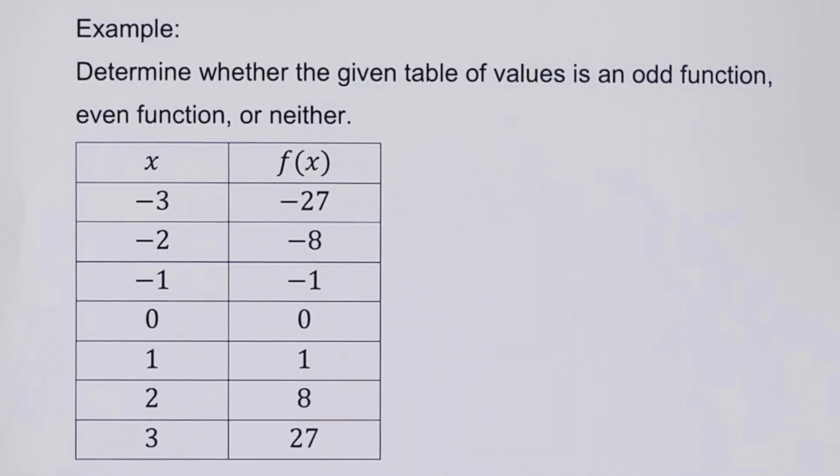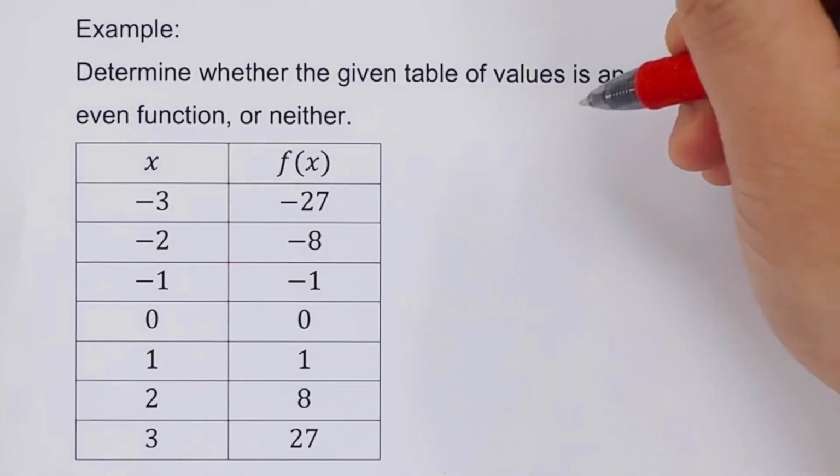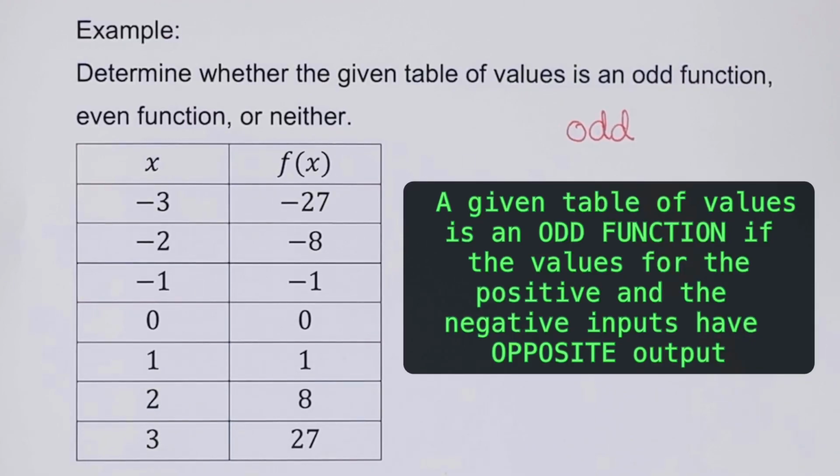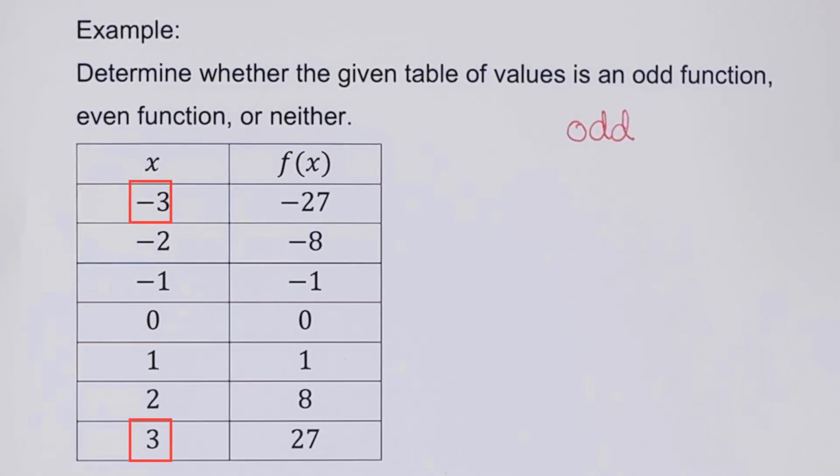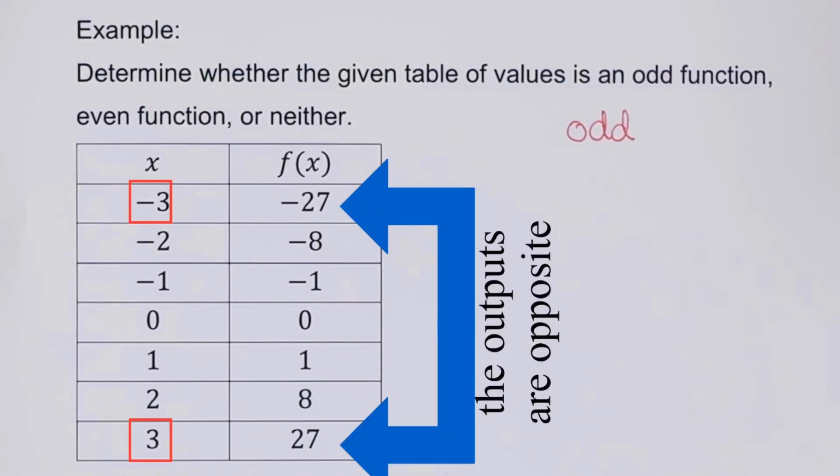This given example that we have right here is an example of an odd function. We remember that a given table of values is an odd function if the values for positive and negative inputs have opposite outputs. Now let's examine this table of values. If the inputs are positive 3 and negative 3, notice that their values are opposite, positive 27 and negative 27.